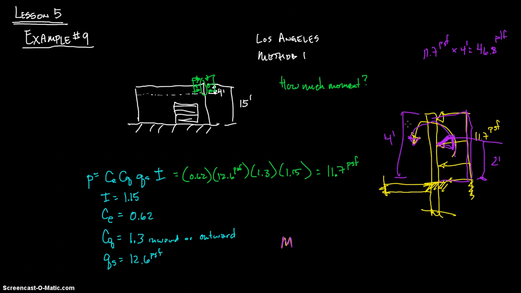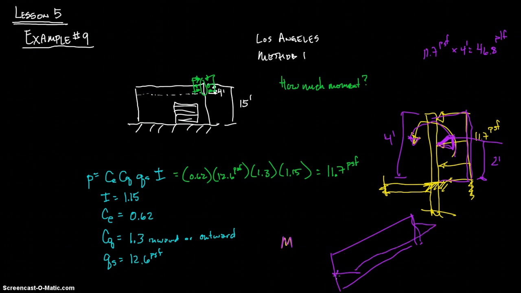So what that does is, here's your parapet. Instead of having a box load that's running all the way like that, you now have a load that looks like this, right in the middle.